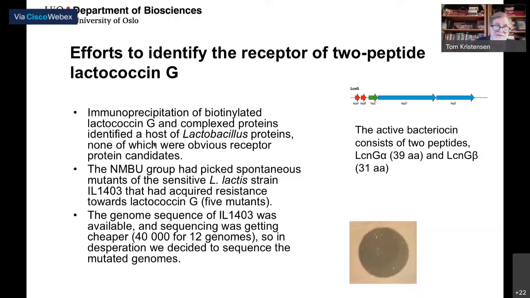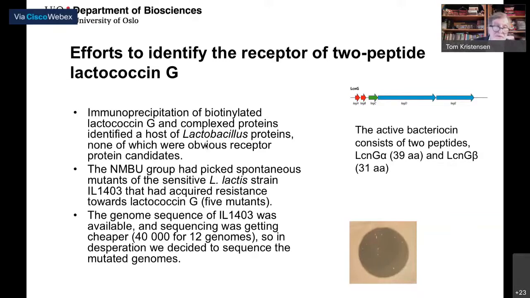We identified a large number of lactobacillus proteins which were pulled down together with this biotinylated lactococcin G. And we got absolutely no hints at all which of the membrane proteins in the recipient cell could be responsible for the action of lactococcin G.